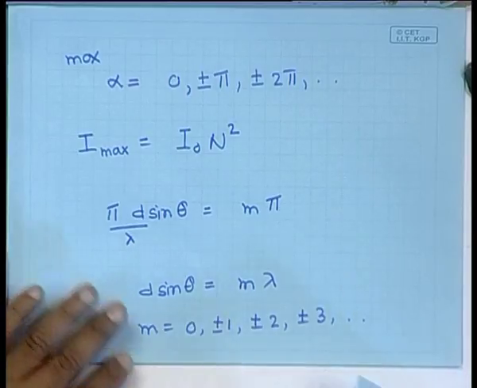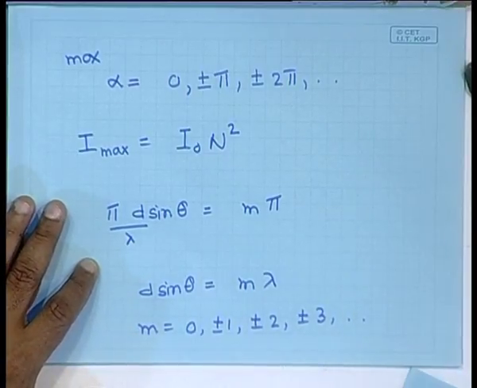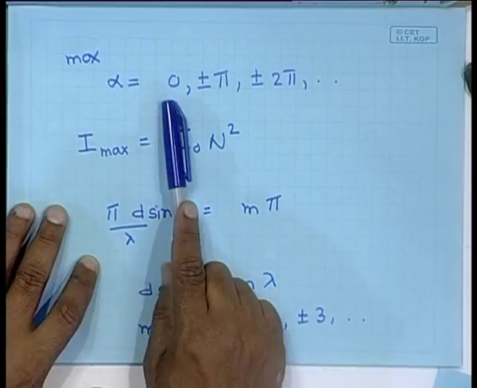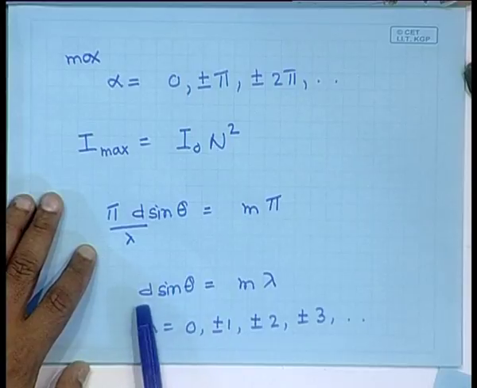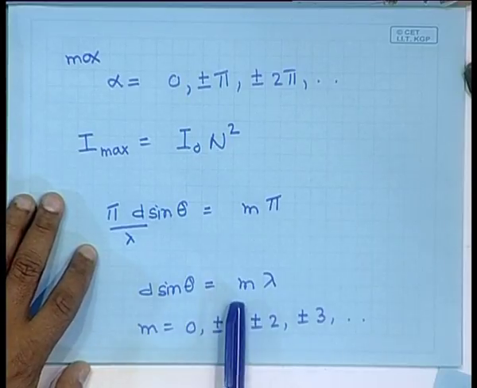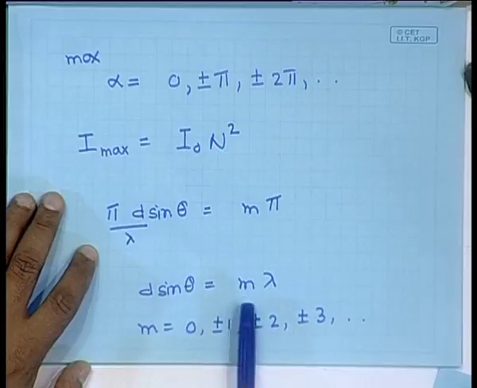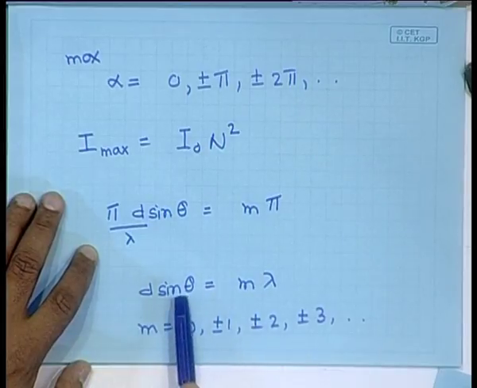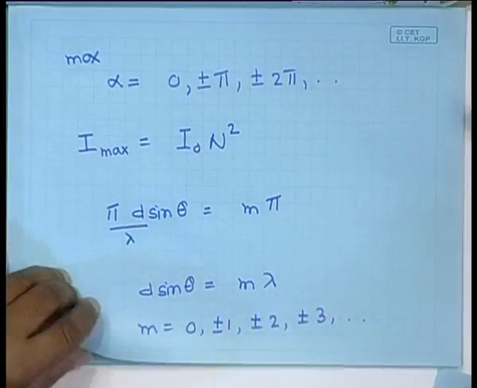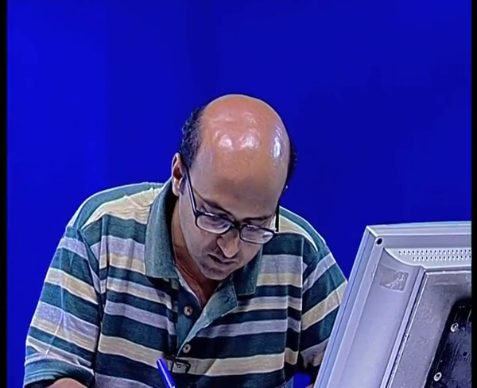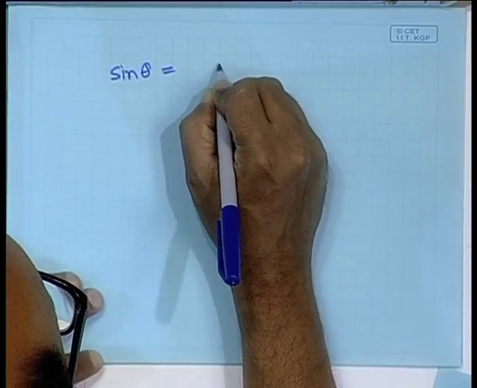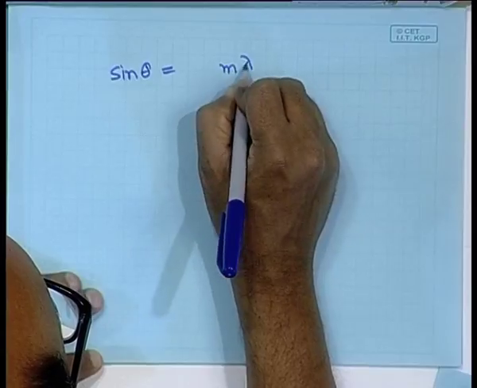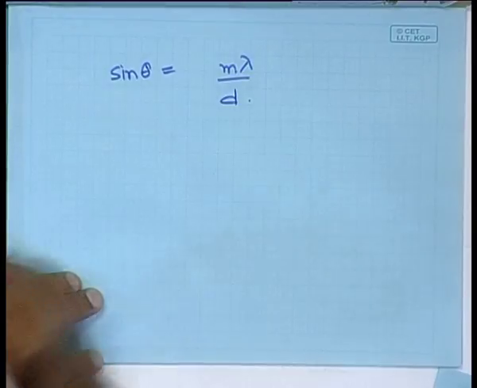So, to determine the direction where you are going to have the maxima, set alpha equal to this, which in terms of the angle theta now becomes d sine theta is equal to m lambda, or sine theta is equal to m lambda by d.